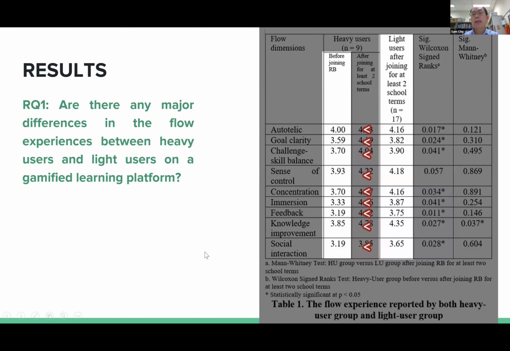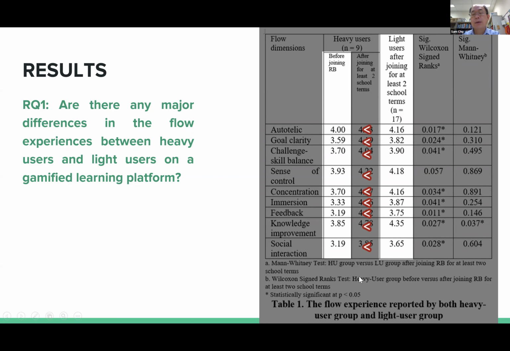Okay, now another comparison. This is between heavy users and light users, which is perhaps more interesting. Before joining Reading Battle, the light users, the non-users of Reading Battle, seem to have had a higher flow experience for all 9 elements of flow.